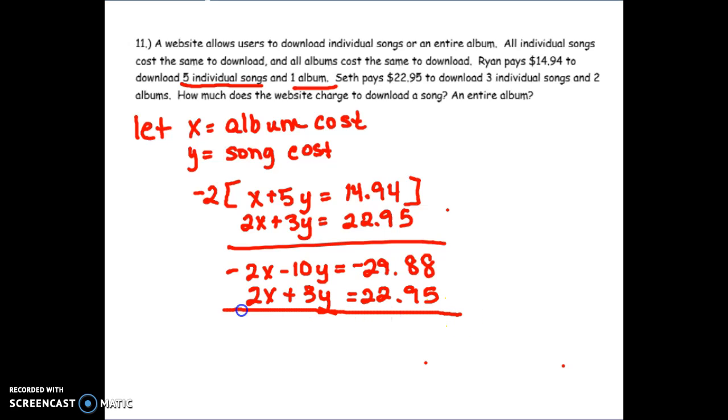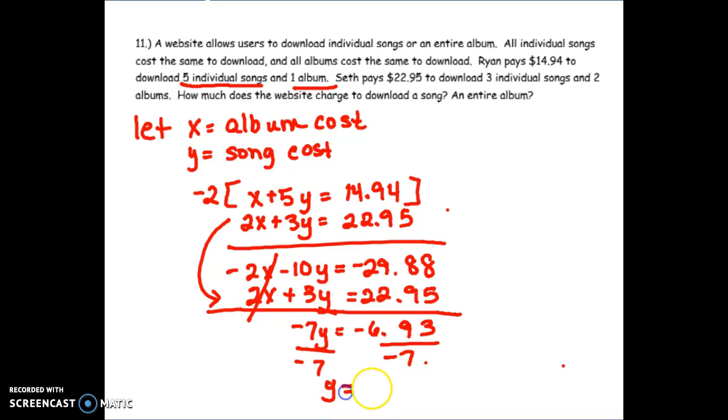Okay, so here I just wrote that down there. Now I can eliminate. So I'm going to end up with -7Y is equal to -$6.93. So then when I divide by -7, my Y is actually equal to 99 cents. So my song cost is 99 cents each.